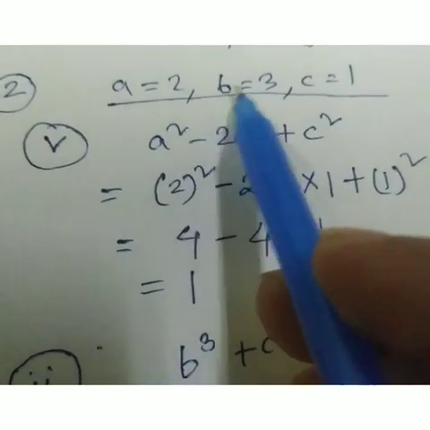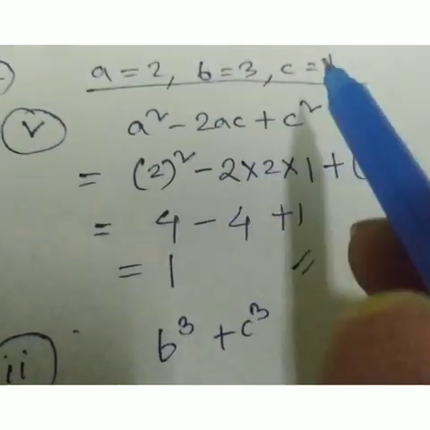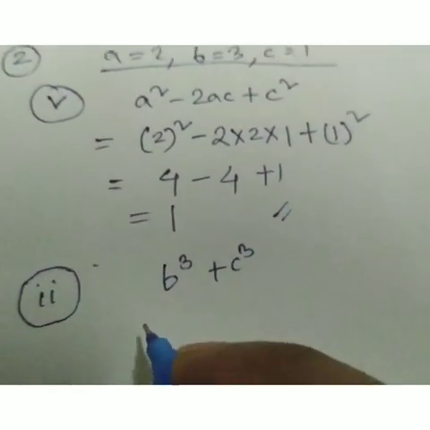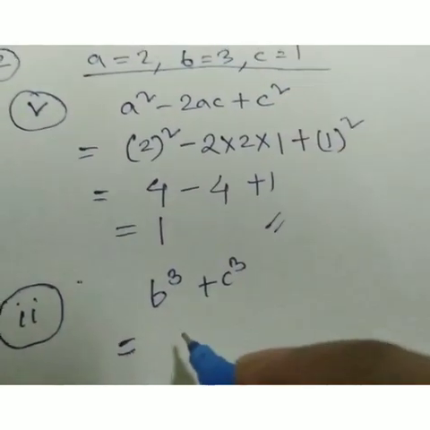Now we have the value of b, which is 3, and the value of c, which is 1. So we insert the values. Instead of b, I just write 3.